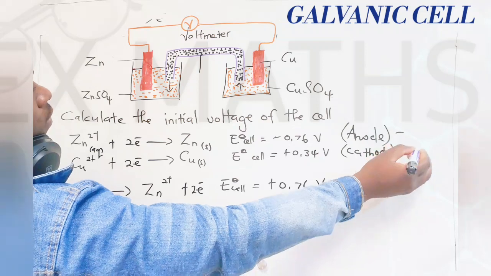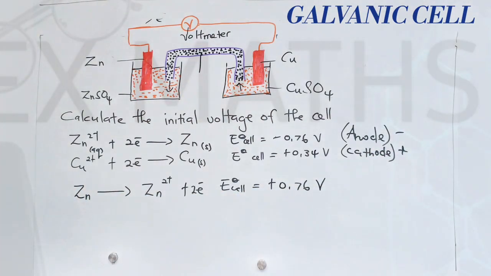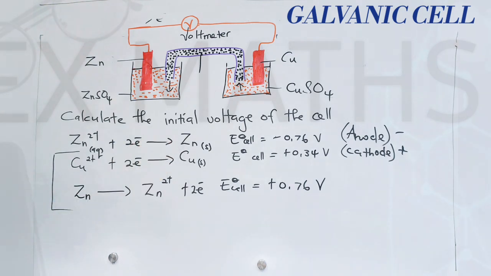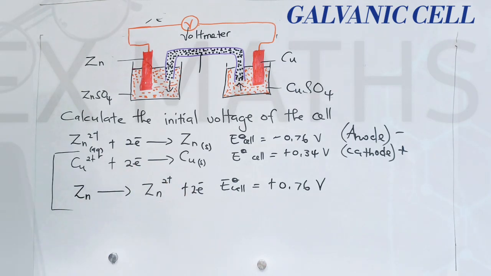So this is negative, that one is positive. Then after reversing this one, you need to balance electrons. Now we are working with these two half reactions. This one we reversed, so we are no longer using it. We check if the electrons are balanced. Our electrons are balanced, 2 electrons, 2 electrons, then you cancel them out.